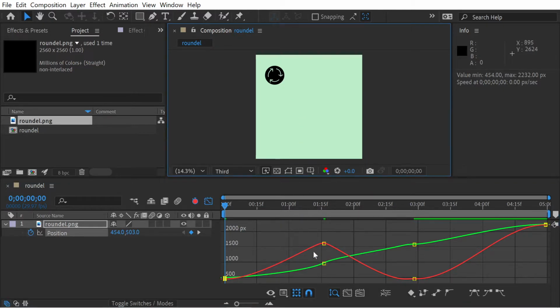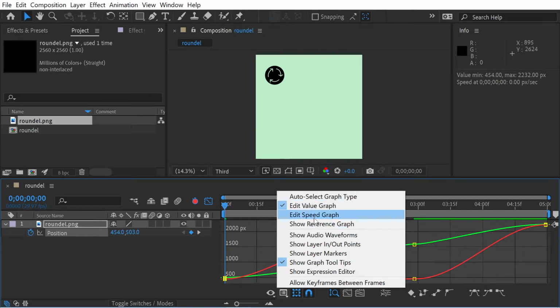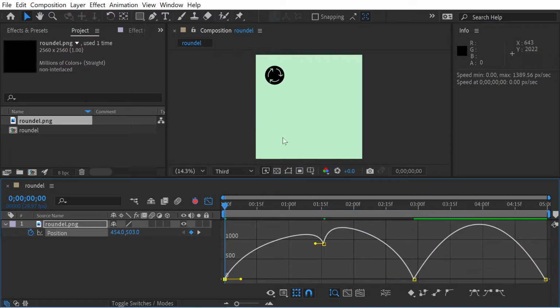So I think what you want to do then is look at the speed graph, because when we look at the speed graph, we want it to go fast. You can sort of do the smoothing, and you can change the curve how you want.